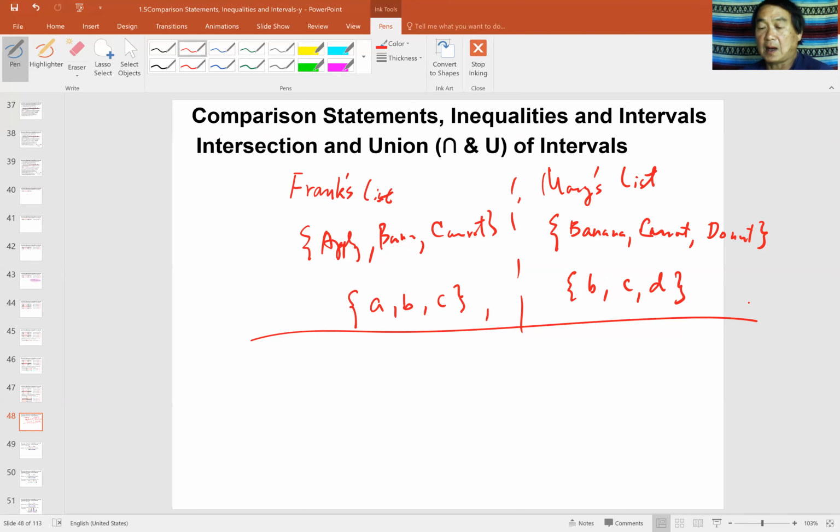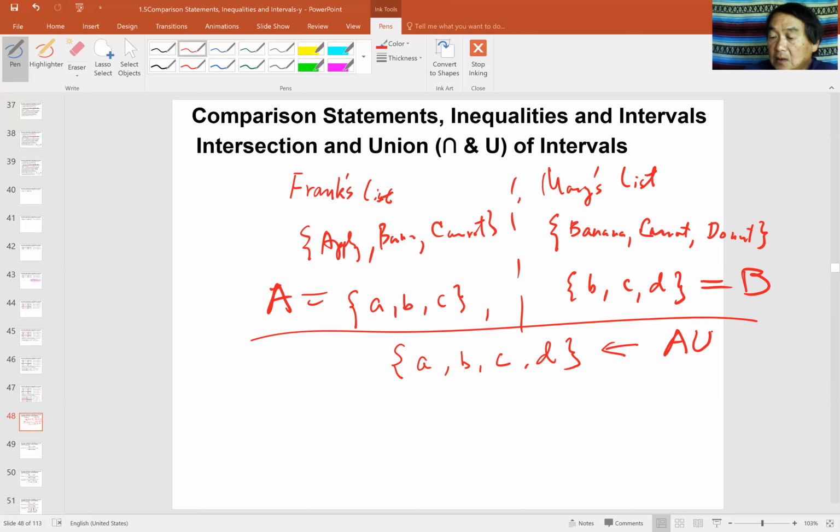I have enough money to buy mine, and she has enough money to buy hers. Now somebody's going to the grocery store, and we want to merge these two lists so everybody gets what they want. Then we will have A, B, C, D. We merge the grocery lists. This is the union of the two lists. If I call this set A and this set B, this is A union B, the merge of the two lists.